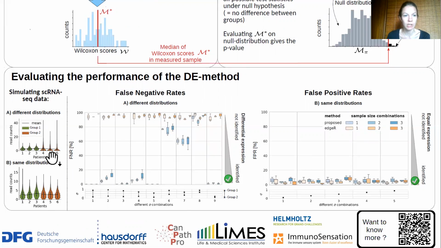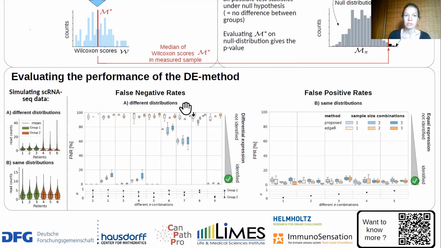We wanted to show that our method is able to find these differences in the distributions, although the mean is similar, which would not be possible with methods which take just the mean of the single-cell RNA sequencing data. On the other hand, we simulated cases with the same distributions between the two groups in order to show that our method can also control the false positive rates.